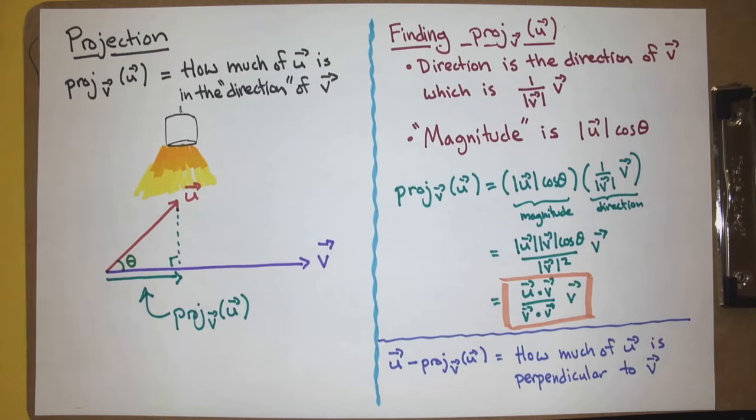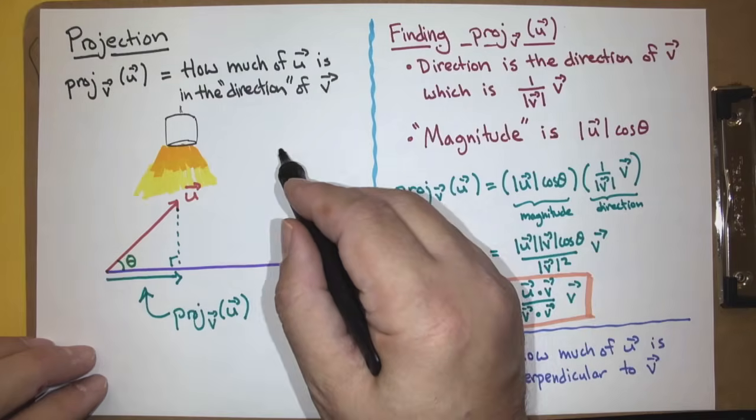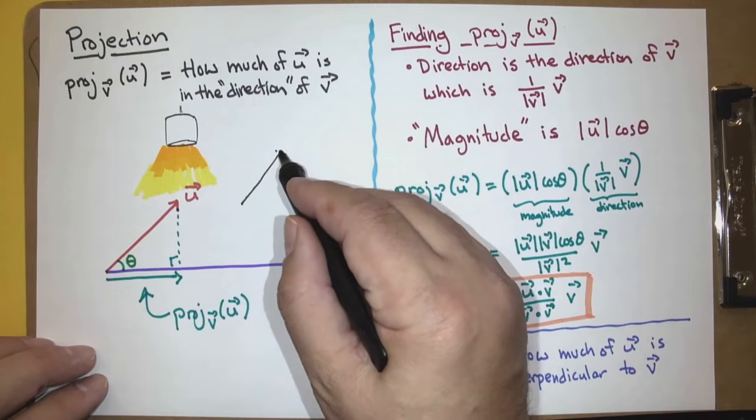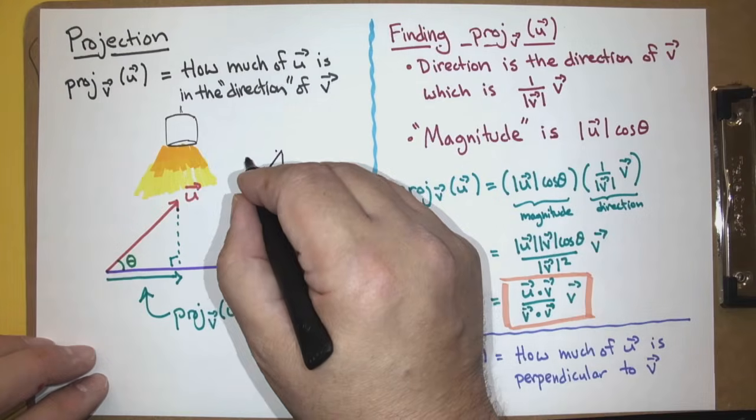Now for magnitude. And you might notice I put it in quotes. The reason I put magnitude in quotes is I do recognize cosine theta can be negative. I'm not going to go through it, but it does what it needs to do. So how do I find that? Well, I come here and I say, I have this lovely picture. And I can think about it as there's a right triangle. The hypotenuse, that comes from u.